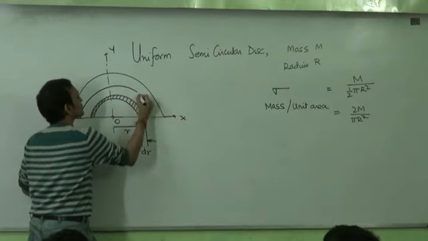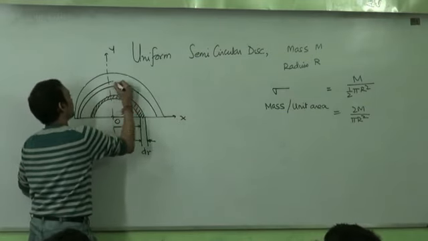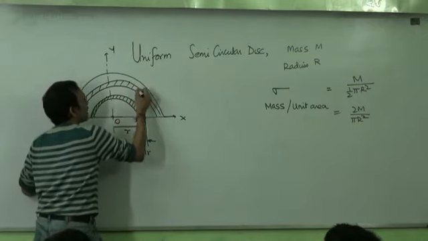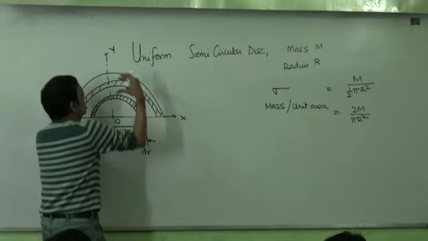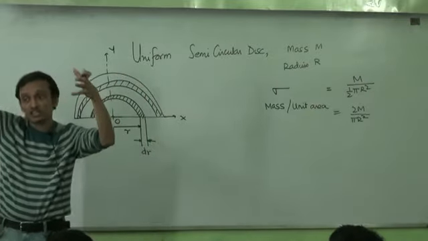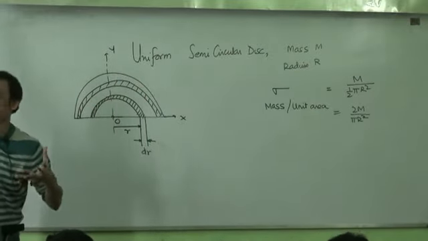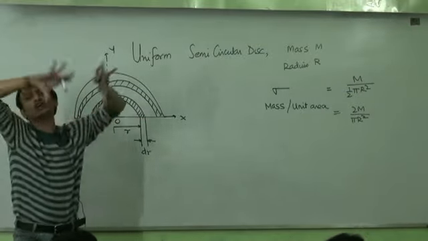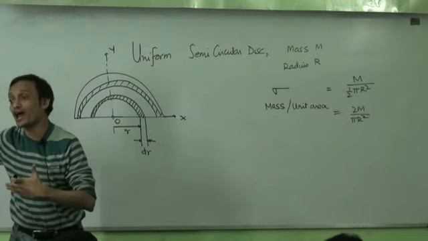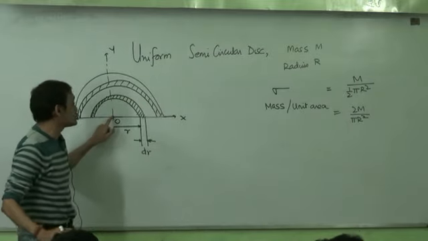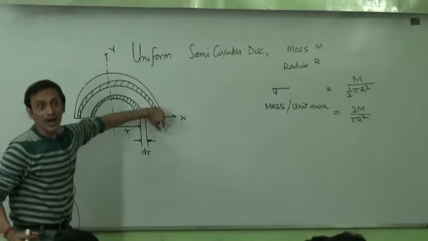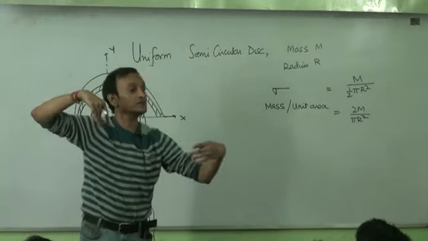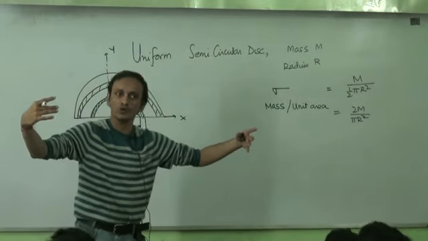You have several such rings placed on top of each other, where small r grows from 0 to capital R, and to be able to include the entire disk, we make small r run continuously from 0 to capital R, so that all such semicircular rings get included in the summation wherever required. Are you okay with this?